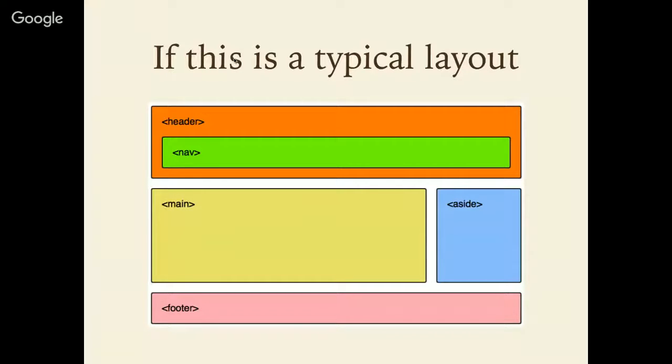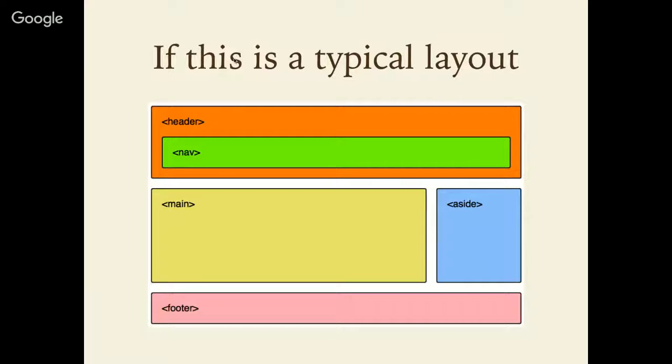Underneath that is a large rectangle with the word main in it on the left, and a rectangle on the right that says aside. And underneath that is a rectangle that says footer. So it's basically a sort of blueprint for most websites that are out there. You might switch the main and aside from left to right, but this is basically most websites.